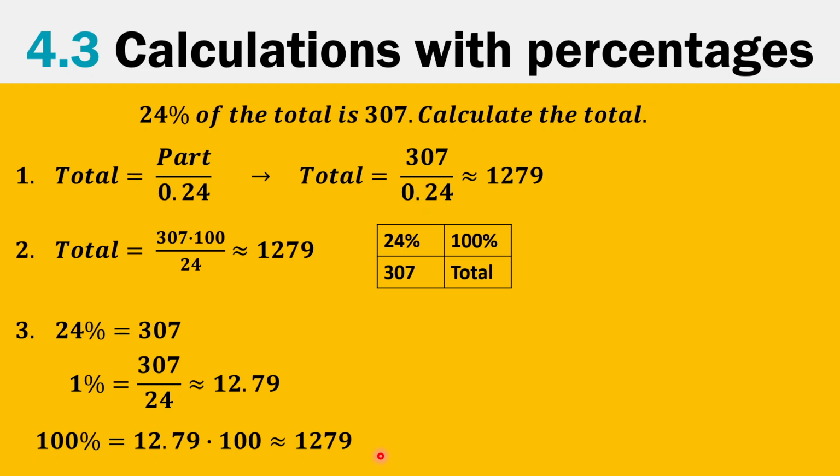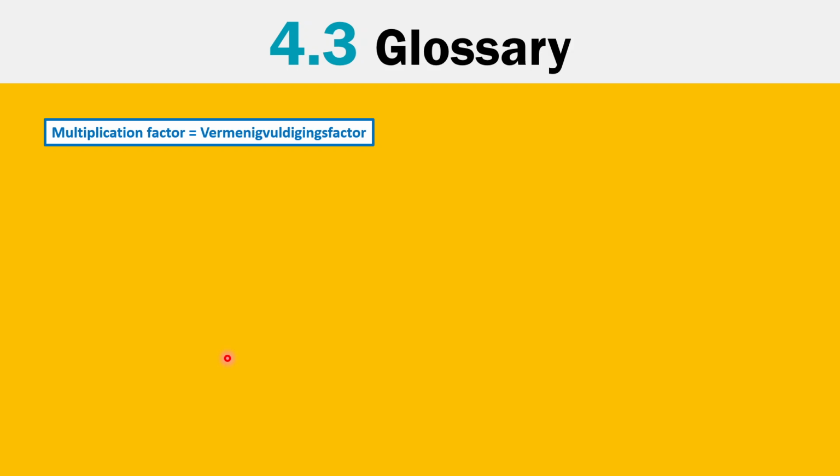All just as correct. But I want you to write down this or this or this calculation as intermediate steps, okay? Pick your poison, I would almost say. Pick your preference. And this is the only new theory part or new glossary words, right?